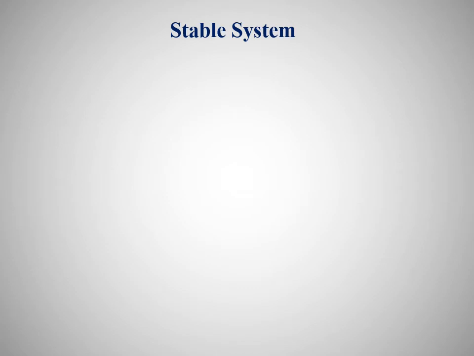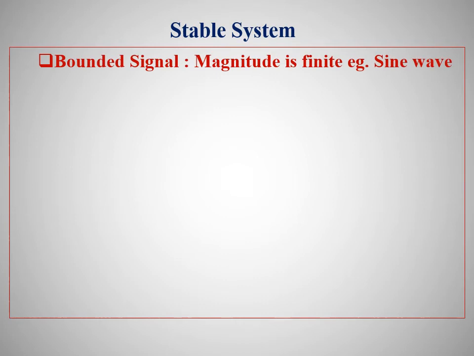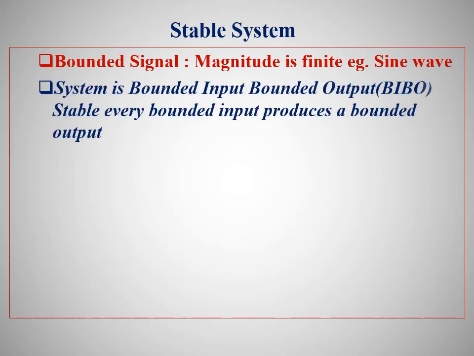Next, let us go on to the next type of system called a stable system. In order to understand a stable system, we need to understand what a bounded signal is. A bounded signal is one whose magnitude is finite, for example, a sine wave. A system is said to be bounded input, bounded output stable if every bounded input produces a bounded output.